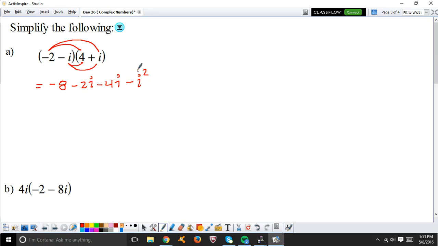Okay. Here we're gonna stop and we're gonna think, well, you gotta remember that one of the properties is that i squared is equals to -1. So this is a property that we're going to be using. So if you see i squared, it's okay for you to substitute it with a -1. So let's do that here.